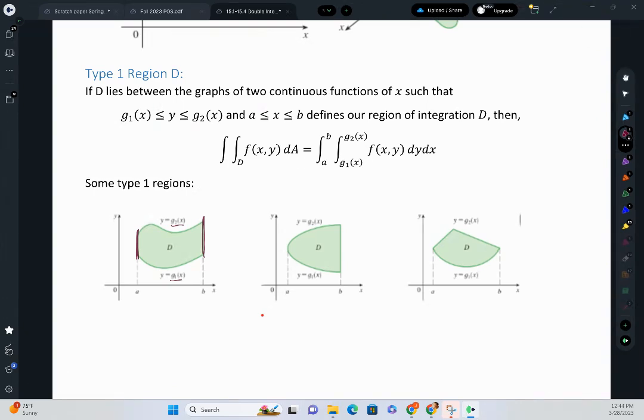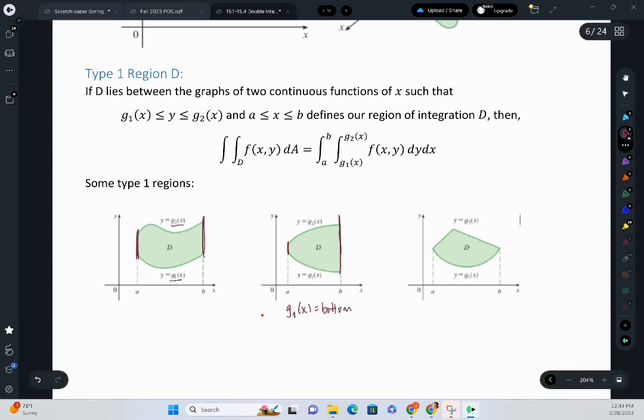In the next one, we have something similar, although it's not quite as obvious. We have a sideways parabola in the second one, and we have to look at the vertex of that parabola as being the first x value, and then the cutoff is this x equals b. To break this up, since this is a parabola, g1 of x would be the bottom.